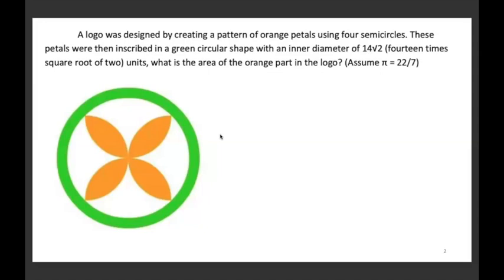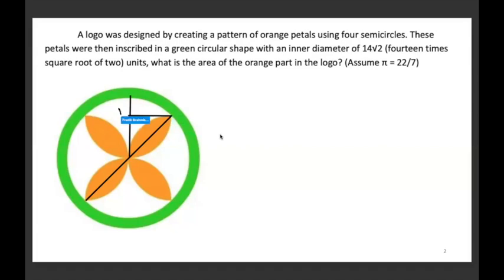So here, if I just try to draw this diagram like this, this triangle, which is drawn right here, will be a right angle triangle. This angle is 90 degrees.